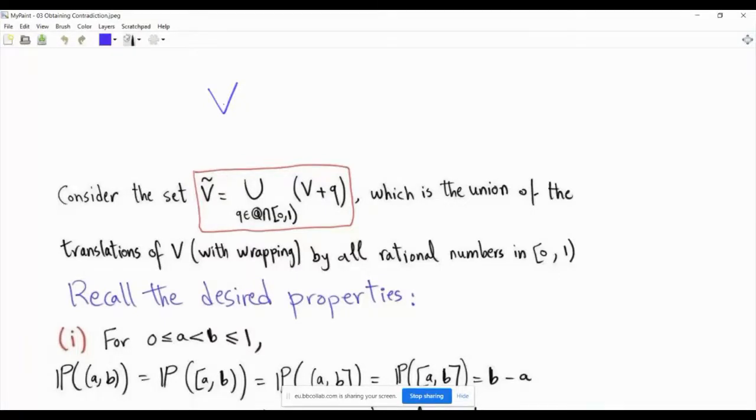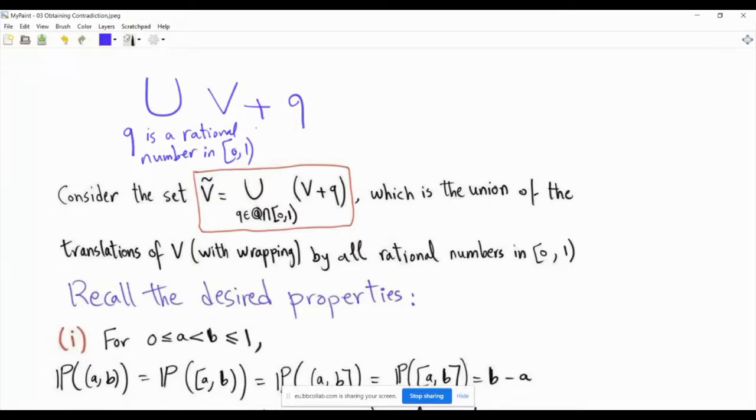So this is the set V, and what we can do is take V and shift it, or translate it with wrapping, of course. So we can take V and add to it q. We'll shift V plus q and then union this over all possible rational numbers, where q is a rational number in [0, 1), 1 excluded.